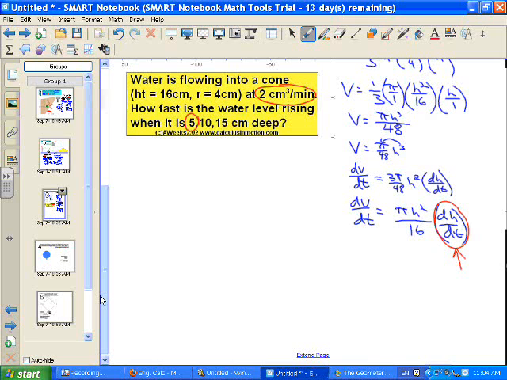So we're going to find the first height. When the height is 5, that's my H. What's the rate that the volume is changing? 2, because that was this one. Now you just get dH over dt alone.